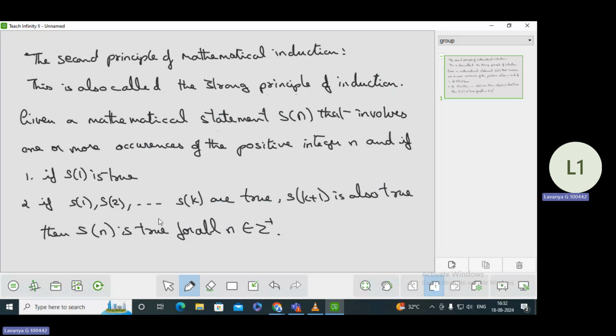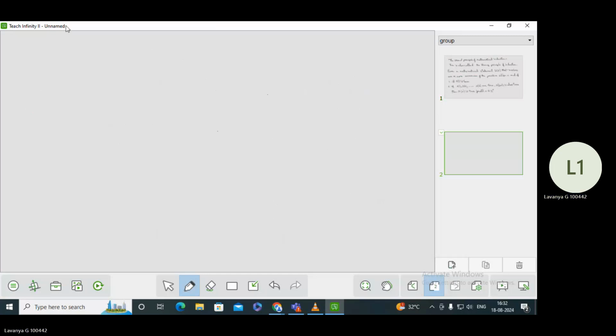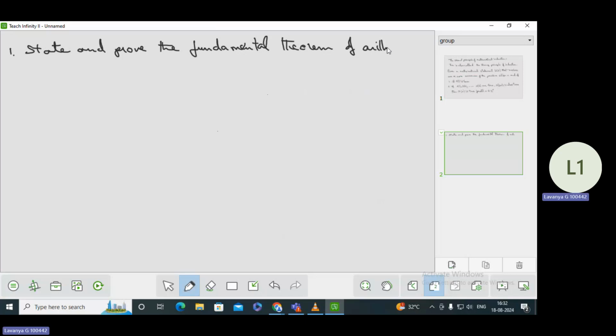State and prove the fundamental theorem of arithmetic. Your first problem. Right. What is the statement? This you would have already learned in your unit 1 or unit 2, I suppose.